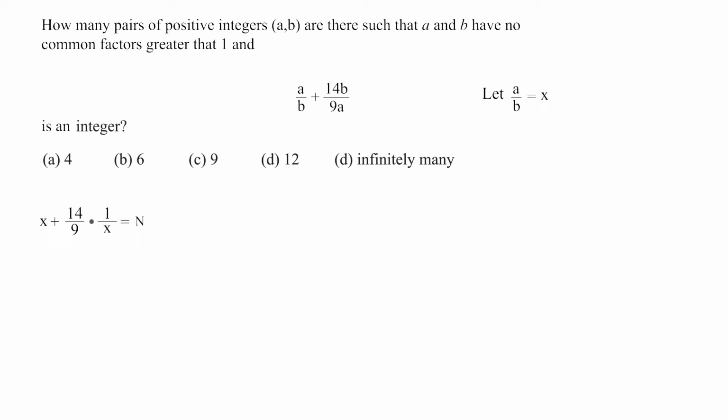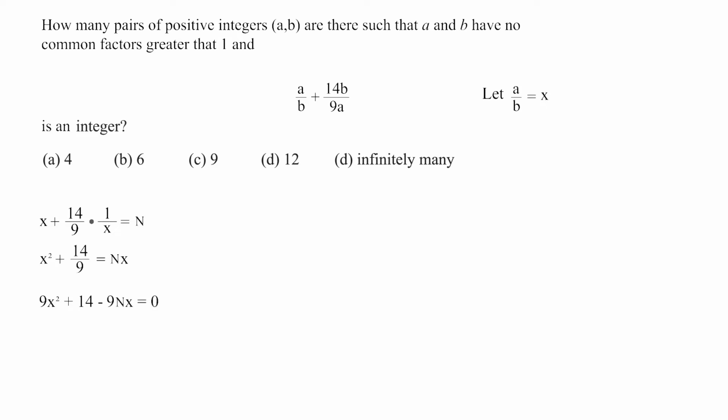So I will transform this into what will be a quadratic equation. Multiplying through by x, I get x squared plus 14 over 9 is equal to n times x. Put everything on one side and multiply through by 9. We get 9x squared plus 14 minus 9nx is equal to 0.